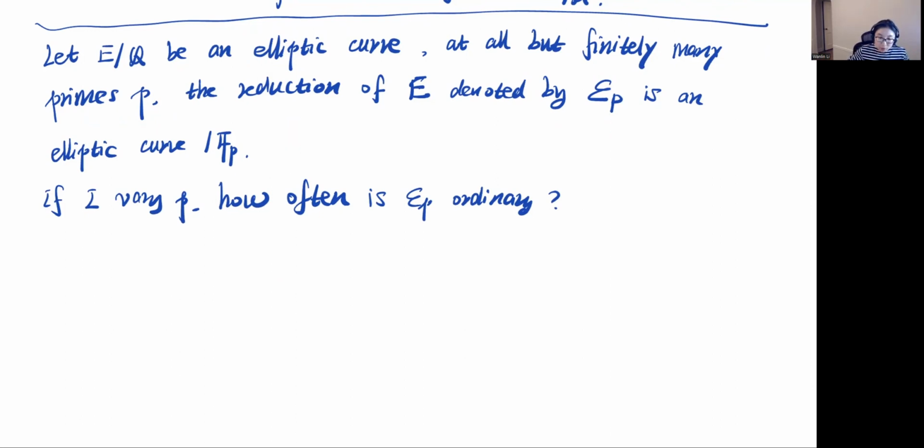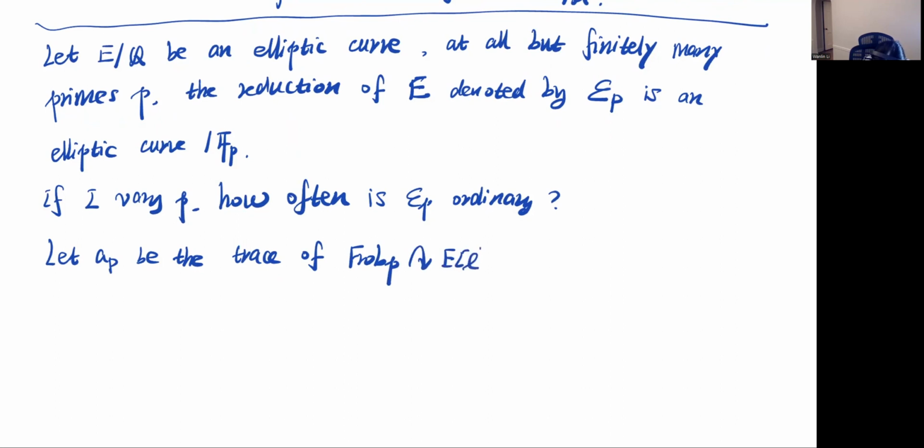So first of all, we can do an estimate. This estimate comes from another way to define ordinary versus supersingular. Let ap be the trace of the Frobenius acting on the l-adic Tate module of the reduction Ep.